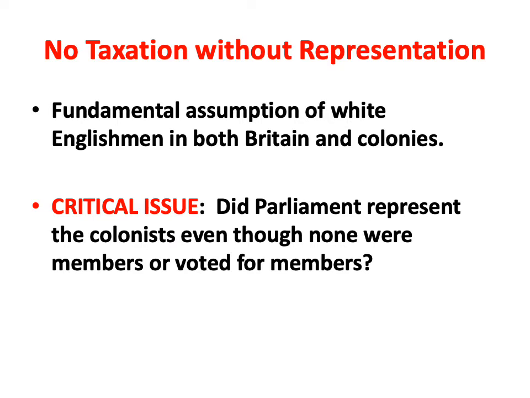But the imposition of direct taxation through the Stamp Act united all of the colonists at this point, because there was a fundamental assumption of the whites in England that they would not be taxed without representation. For its part, the British Parliament argued that they had the right to impose these taxes because the British Parliament, by its very nature, represented all British subjects of the king, whether they resided in England or overseas.